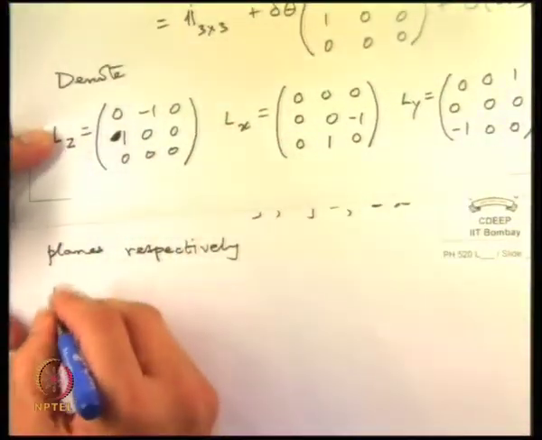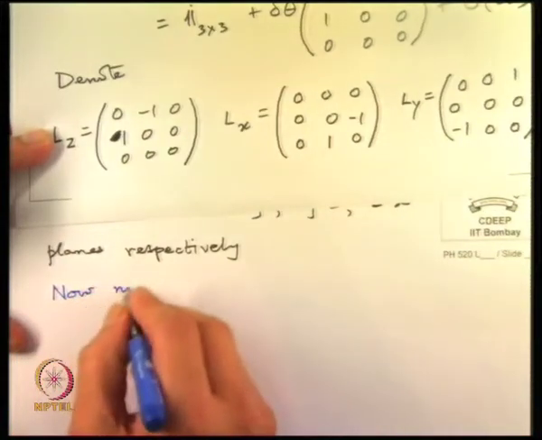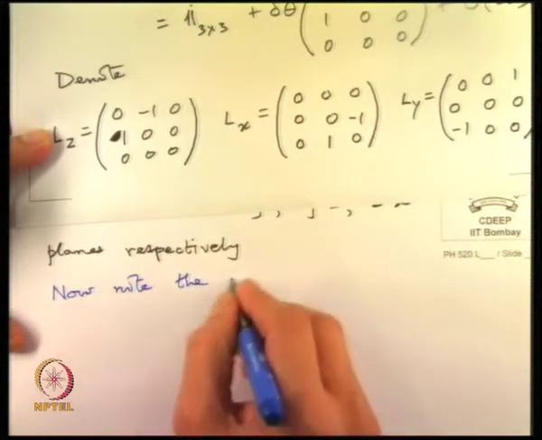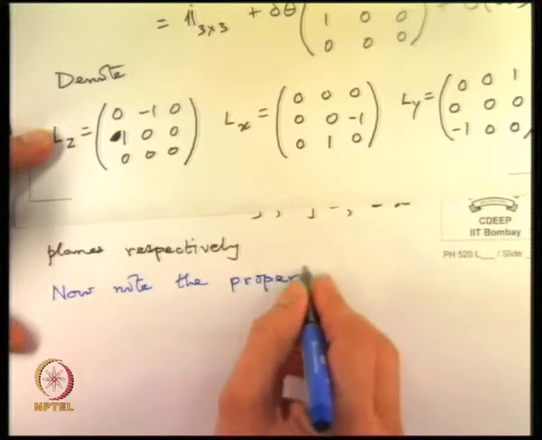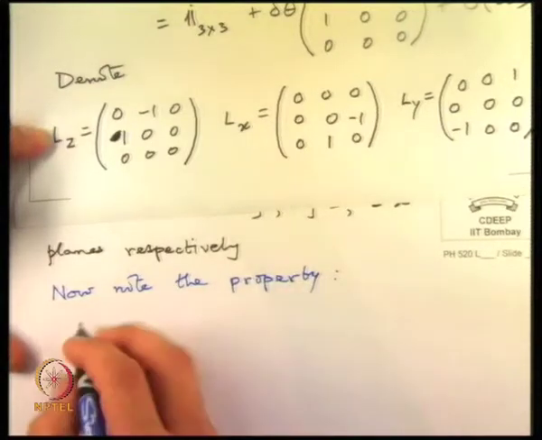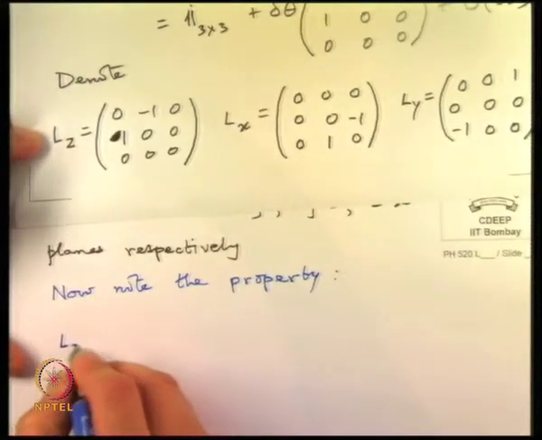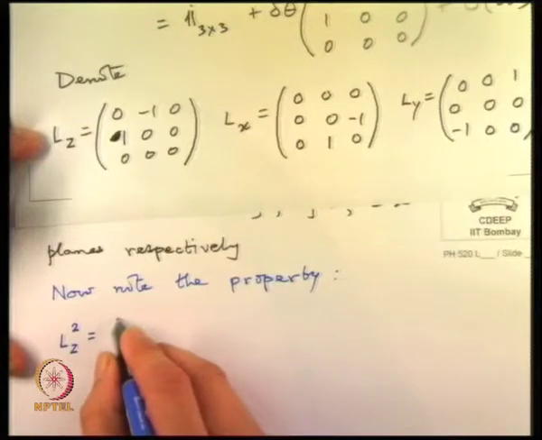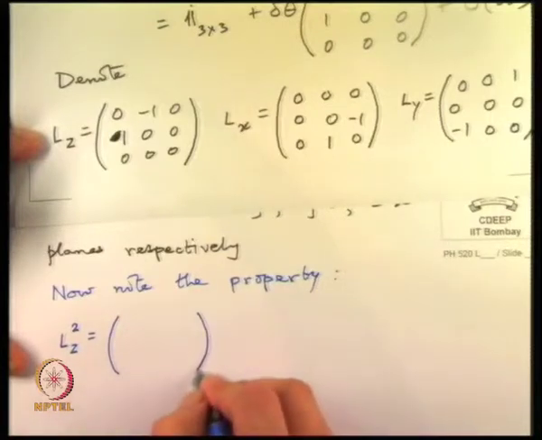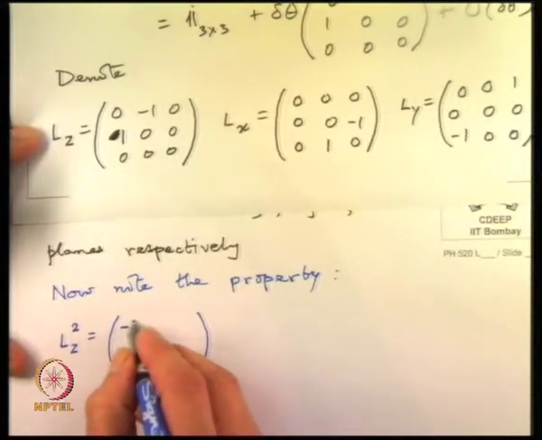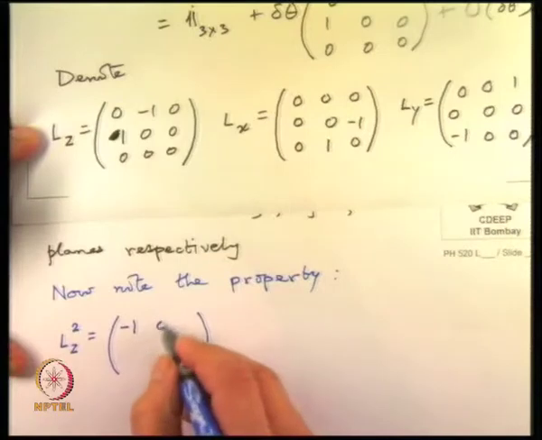Okay. So, now we note the property. What is Lz square? This row into this column equal to minus 1. The other things are 0.